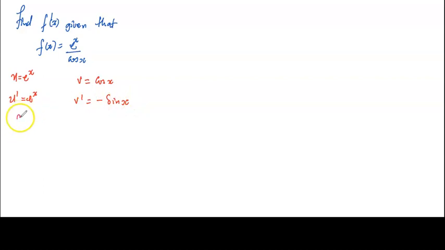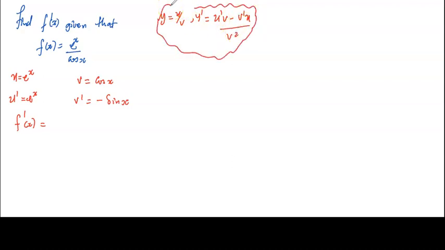Now, you guys remember the formula: y equals u over v, so the derivative is going to be the derivative of u times v minus the derivative of v times u, over v squared. We are going to apply the quotient rule.